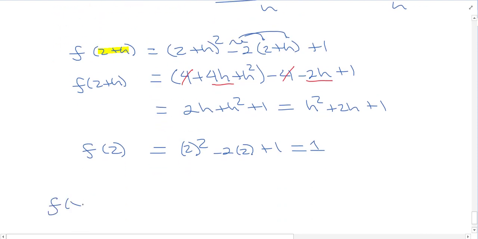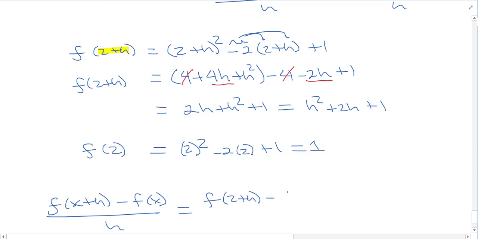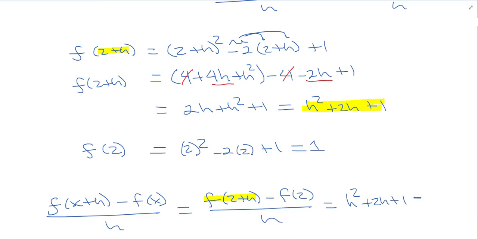So putting it together, f of x plus h minus f of x over h, in our case, is f of 2 plus h minus f of 2 over h. And so we can say, well, f of 2 plus h is this thing, h squared plus 2h plus 1. So let's plug it in. So h squared plus 2h plus 1 minus f of 2. F of 2 is 1, so we're going to plug in 1 in there, all over h.